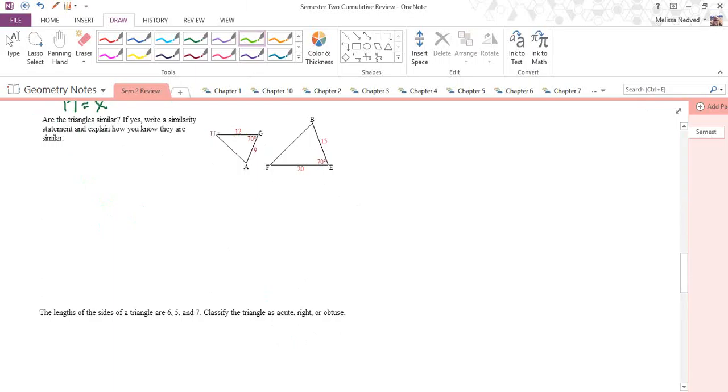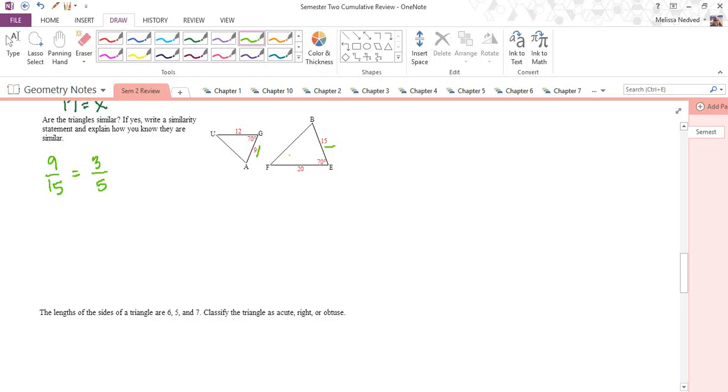Well, notice I do have side angle side here. Side, angle, side, angle, side. I need to check, though, before I say with certainty that my triangles are similar, that my sides are proportional, or my sides have that similar ratio. So I'm going to start by listing the small side of my left triangle over the short side of my right triangle. So 9 over 15, and reduce. Each can be divided by 3, so 3 over 5.